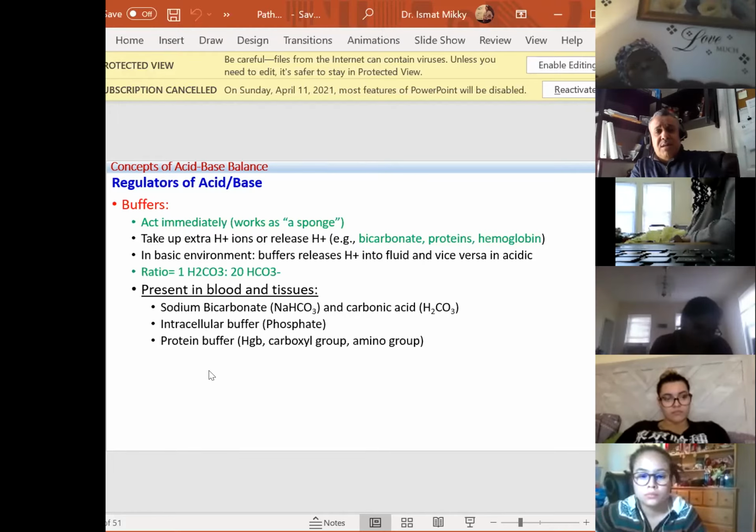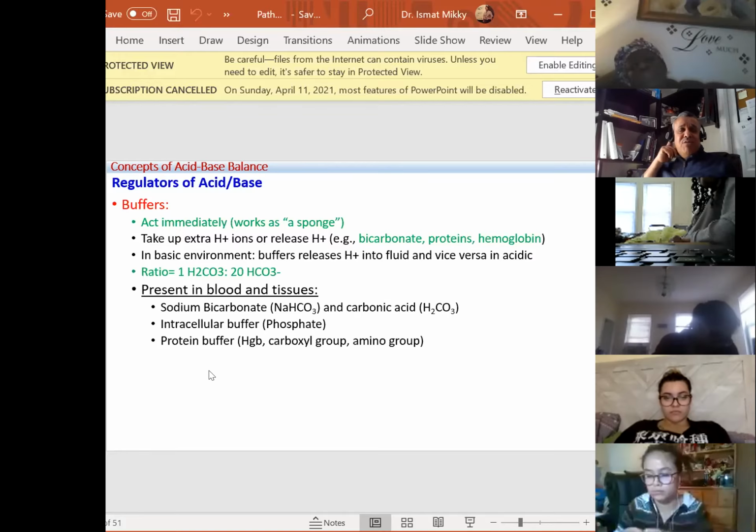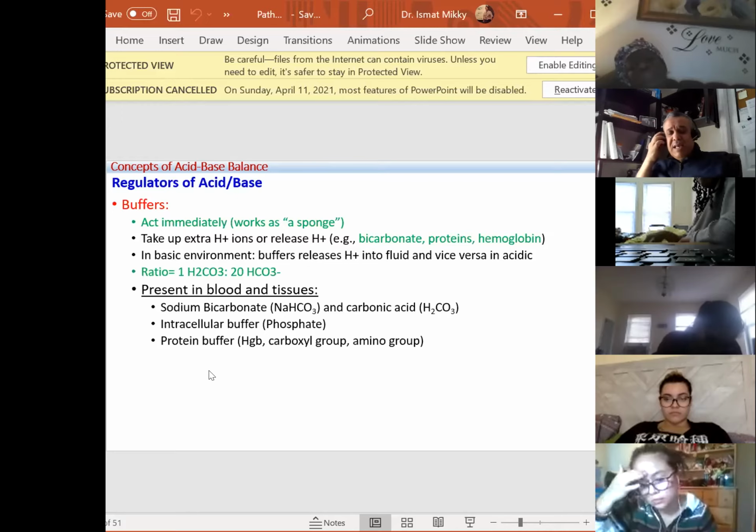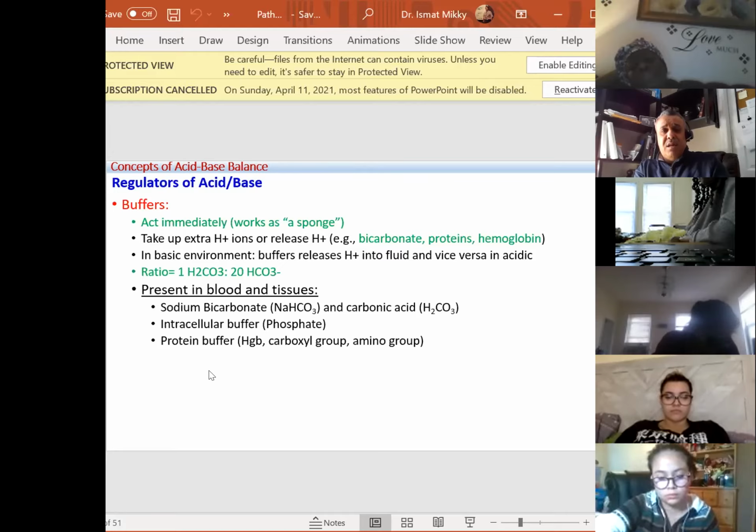These are examples of the different types of buffers in our body. Even hemoglobin is one example of the buffers. We have lots of examples of buffer systems. We can use the analogy of the buffer as a sponge. When you drop the sponge in an acidic medium, the sponge absorbs the hydrogen ions, H+, from the medium and makes it less acidic.